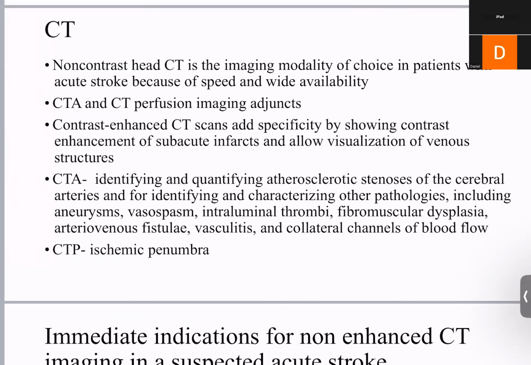CT angiograms can identify and quantify atherosclerotic stenosis of the cerebral arteries and also other pathologies including aneurysms, vasospasms, intraluminal thrombi, fibromuscular dysplasia, AV fistulas, vasculitis, and collateral blood flow. CT perfusion is mainly to pick up ischemic penumbra.